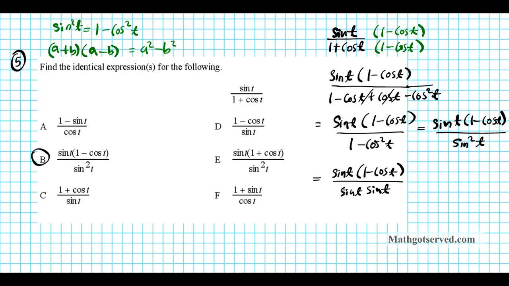Okay, so the sine t's cancel out. So 1 minus cosine t over sine t is what we'll be left with. Okay, and this matches with option letter D.